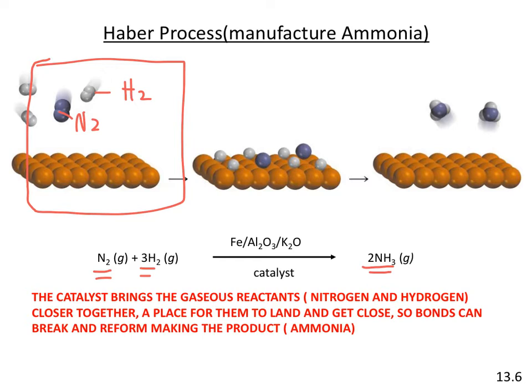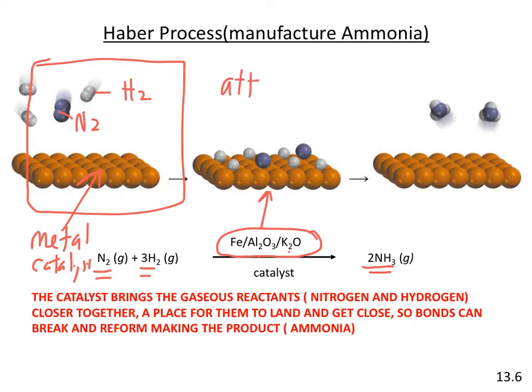So if we add a catalyst, and in this case, basically, this is a metal catalyst. The metal catalyst is made out of iron, aluminum oxide, and potassium oxide here. What it does then is it attracts the gases.